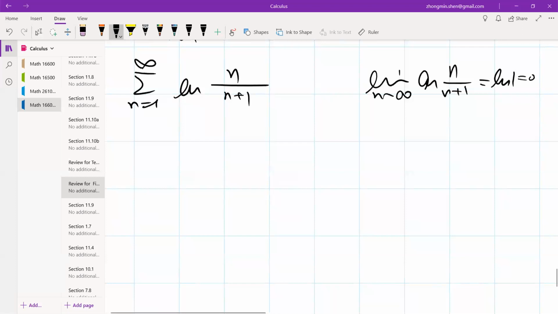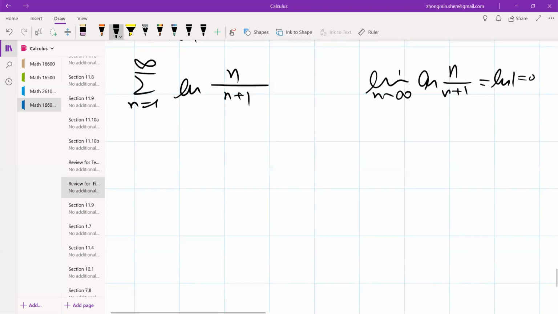And it is divergent. Maybe yes. Let's see. Okay, let's see if we cannot do that.